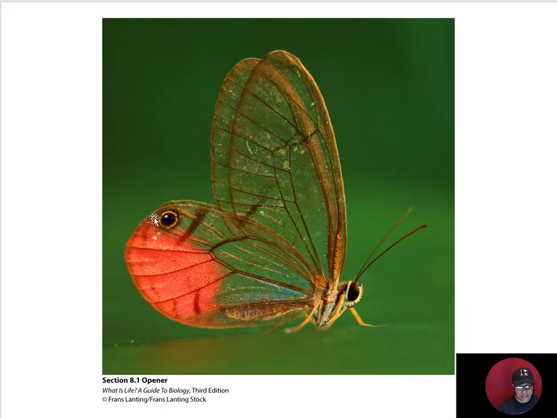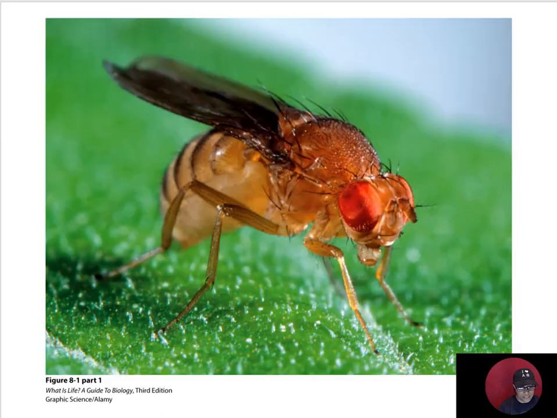And this false eye, he's evolved and adapted to have, because if a predator comes along, the predator in an instant may actually grab this false eye, thinking it's the head, and give this insect, this butterfly, this moth, the opportunity to fly away and live another day. So that's evolution and natural selection.